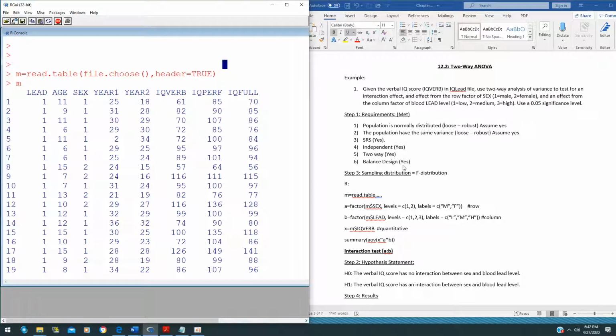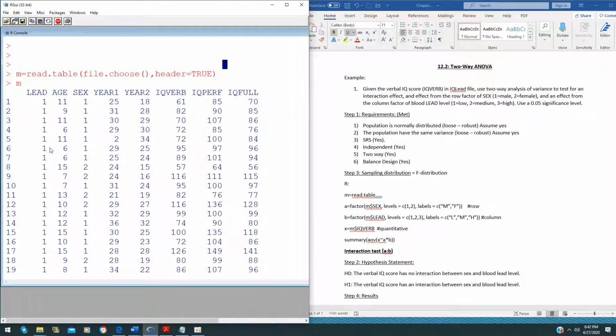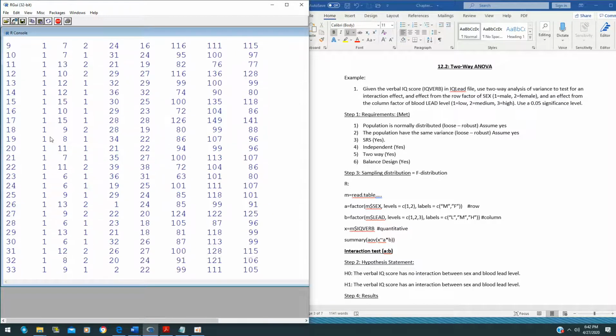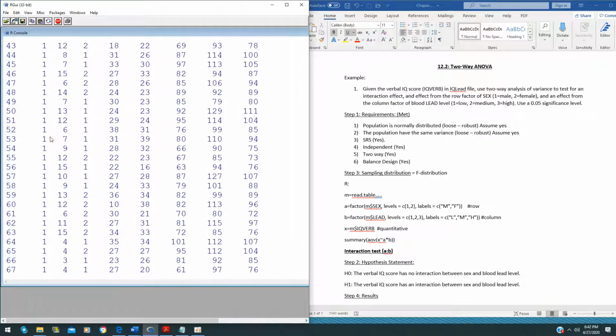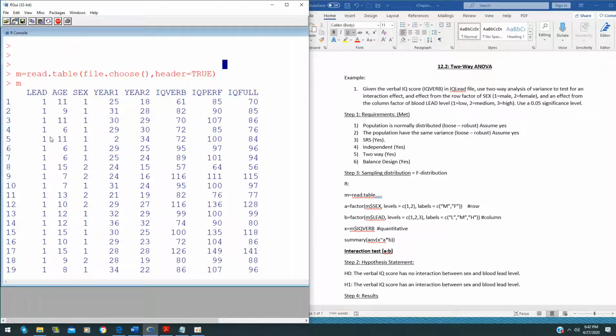And balanced design. In this case, the balanced design is a little bit hard to see on your data file. This is your data file. You have to figure out how many ones, how many twos, and how many threes we have. You will notice that if your design is not balanced, your two-way ANOVA will give you an error message.